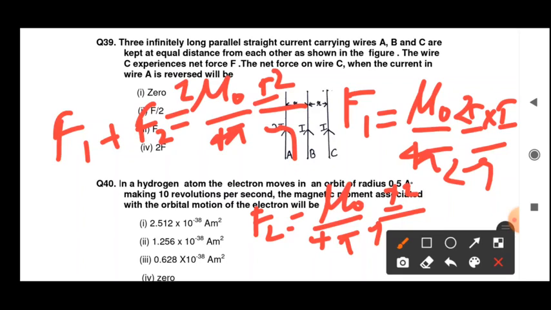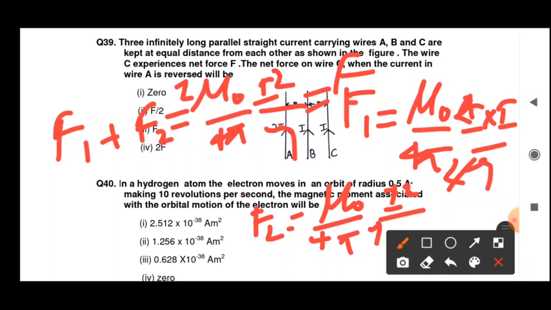Then 2 will cancel out and both values will be the same, and if we add the 2 times, this is equal to F. So finally F is what we have calculated.